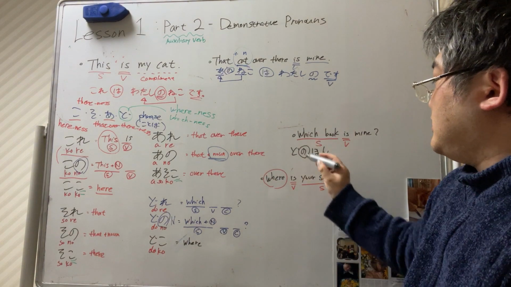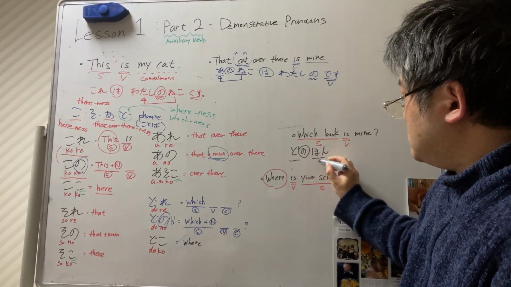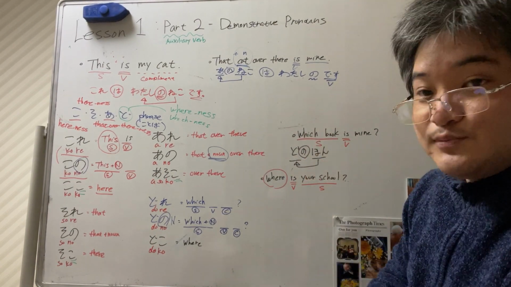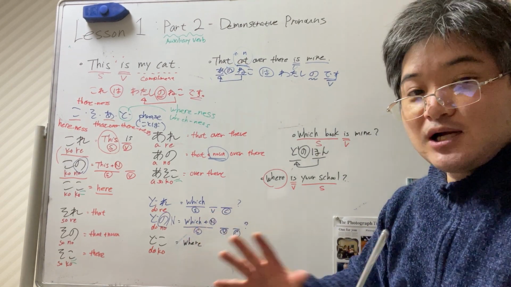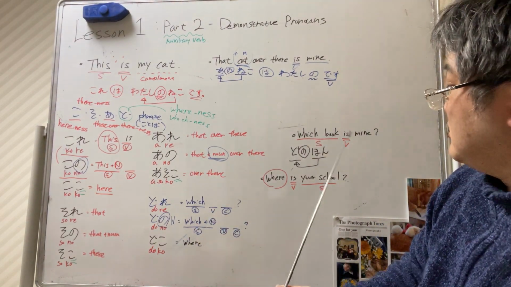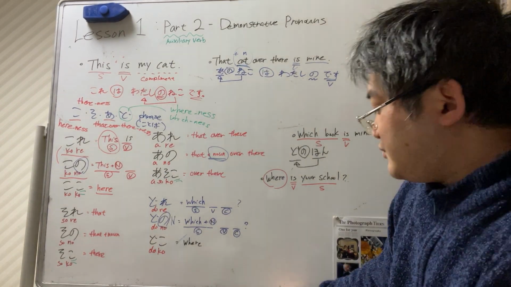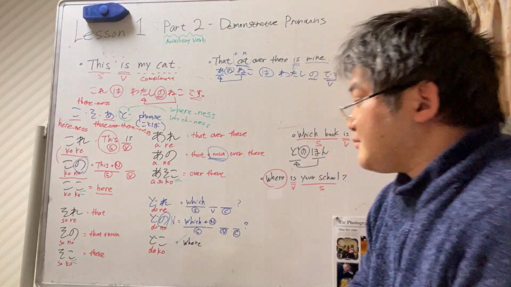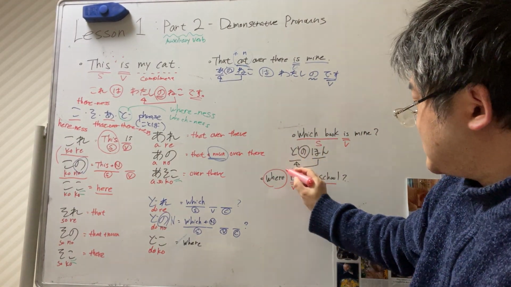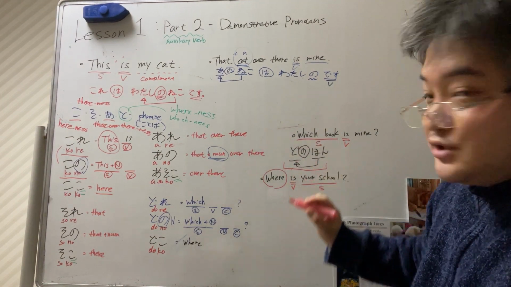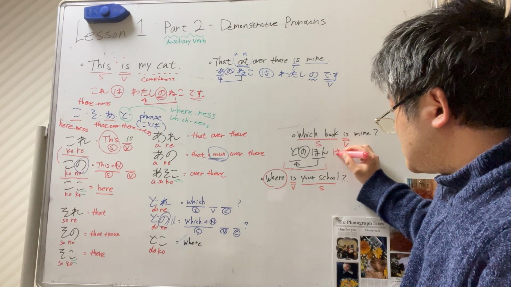Hon is a book, and that belongs to the larger concept of which awareness, involving physical location. And now normally, because this is a subject, right? We need to mark it with a subject marker, and so we have to use wa.